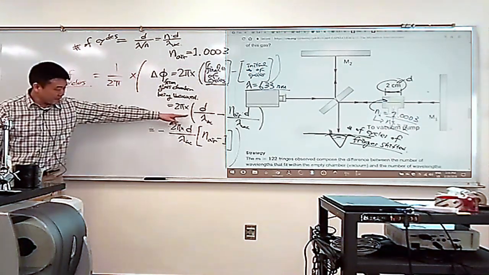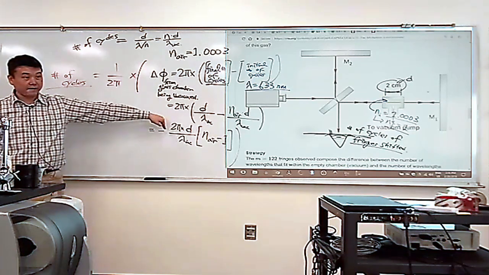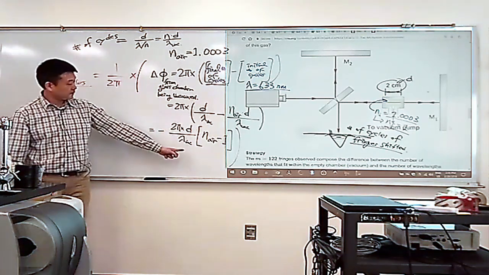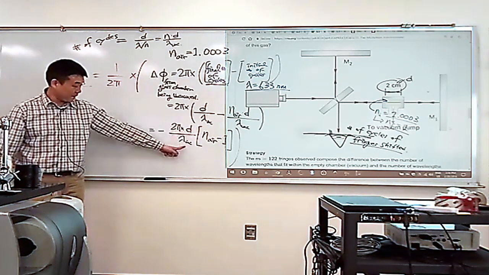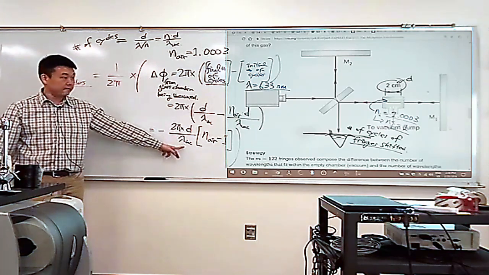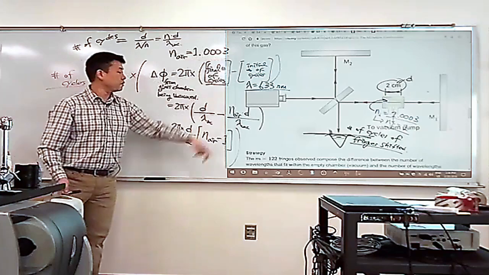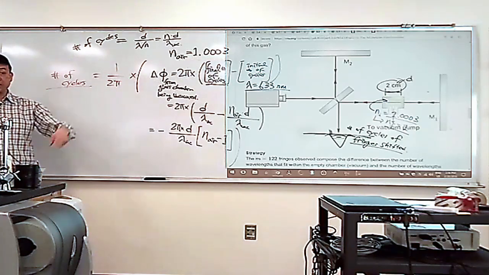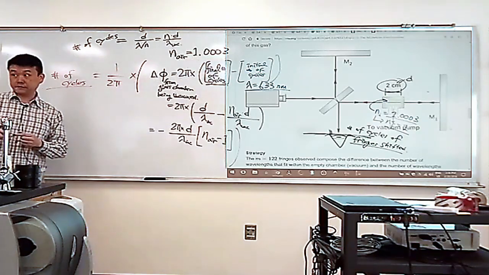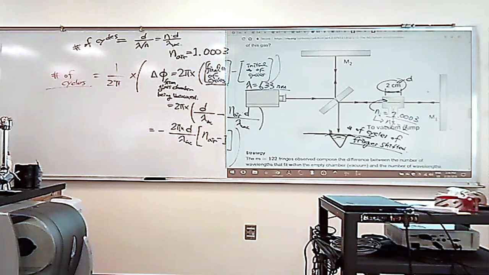So I'm going to ignore this 2 pi, calculate d over the wavelength, and that times 0.0003 will give how many fringes I should expect to see. Okay? So let me plug in those numbers.